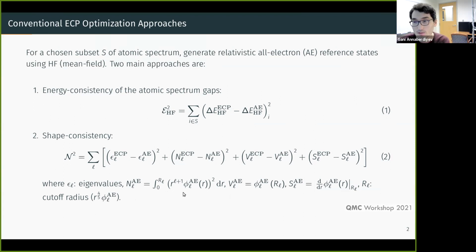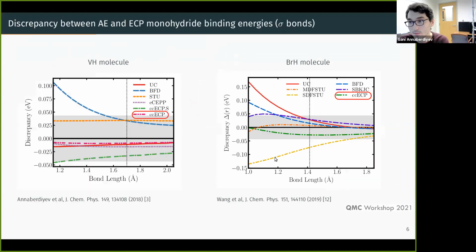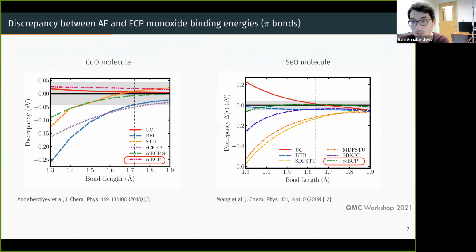This is done because if you don't include this at all, what we've seen is that you can actually overfit this quantity in this region. This was shown in some of the graphs, but I didn't talk about them, so I'll show some of these. For example, here in the CCECP.S, the green one is only fitting the spectrum and not including, say, eigenvalue properties, and that gives an overbinding ECP, so we had to explicitly include the norm in the ECP construction.